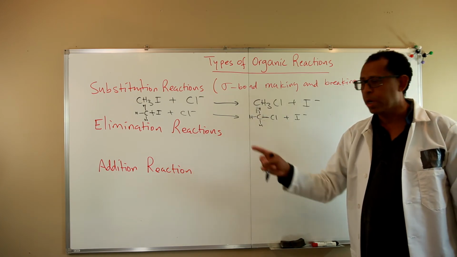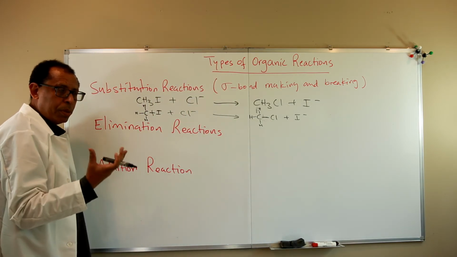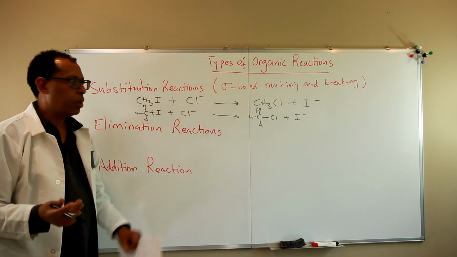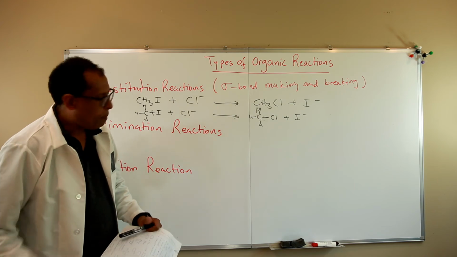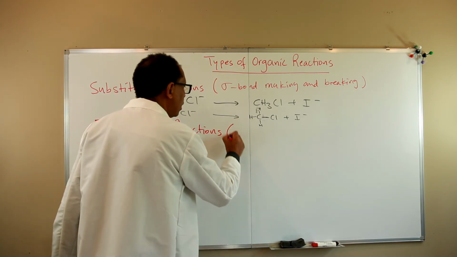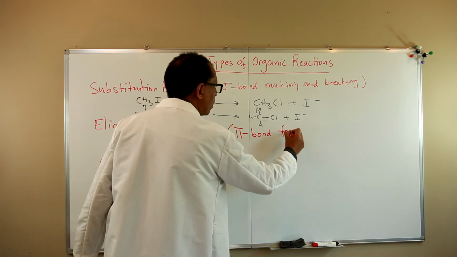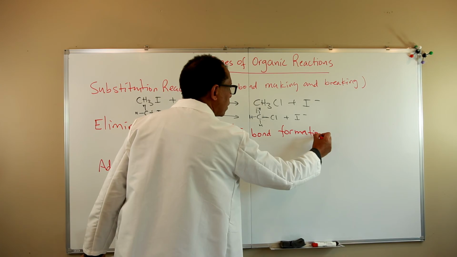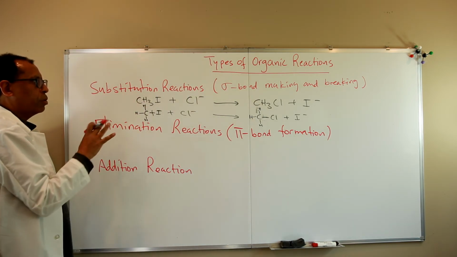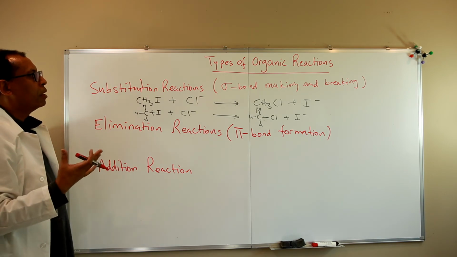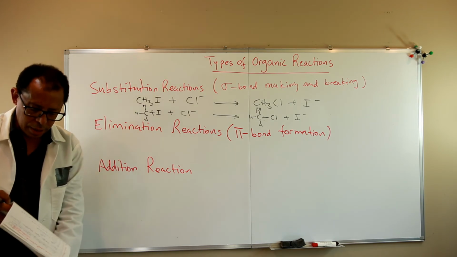An elimination reaction is characterized by eliminating a group out of an organic molecule. Elimination always forms a pi bond. Remember, in a substitution reaction it is sigma bond making and breaking, and no new kind of bond is created, but in an elimination reaction you are creating a new bond.